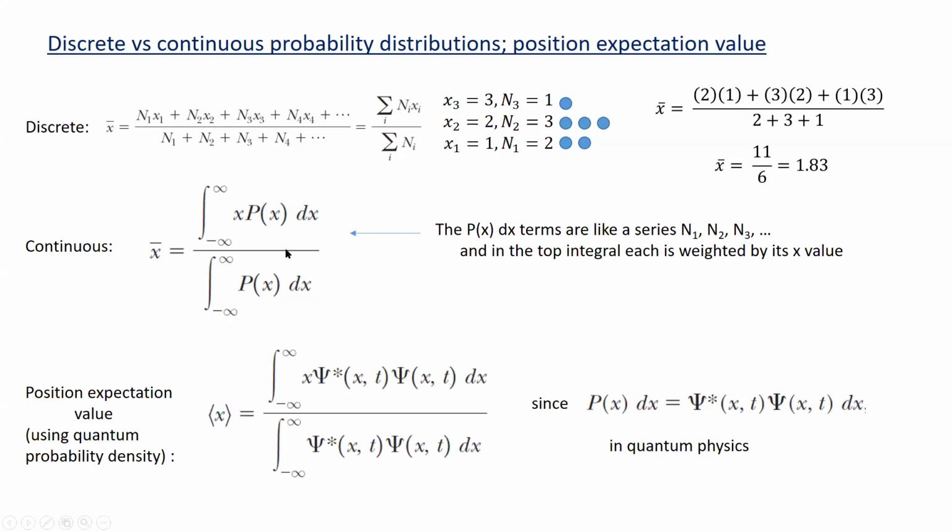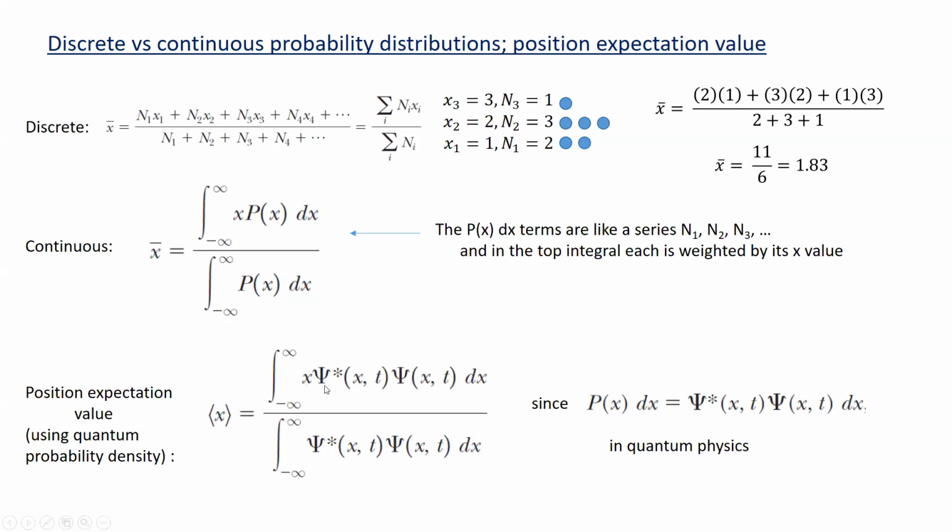So just substituting in for p of x as our probability density, we get this formula for the expectation value of x, which is indicated by these brackets. These brackets indicate an expectation or an average value taken over many possible measurements over the probability distribution.